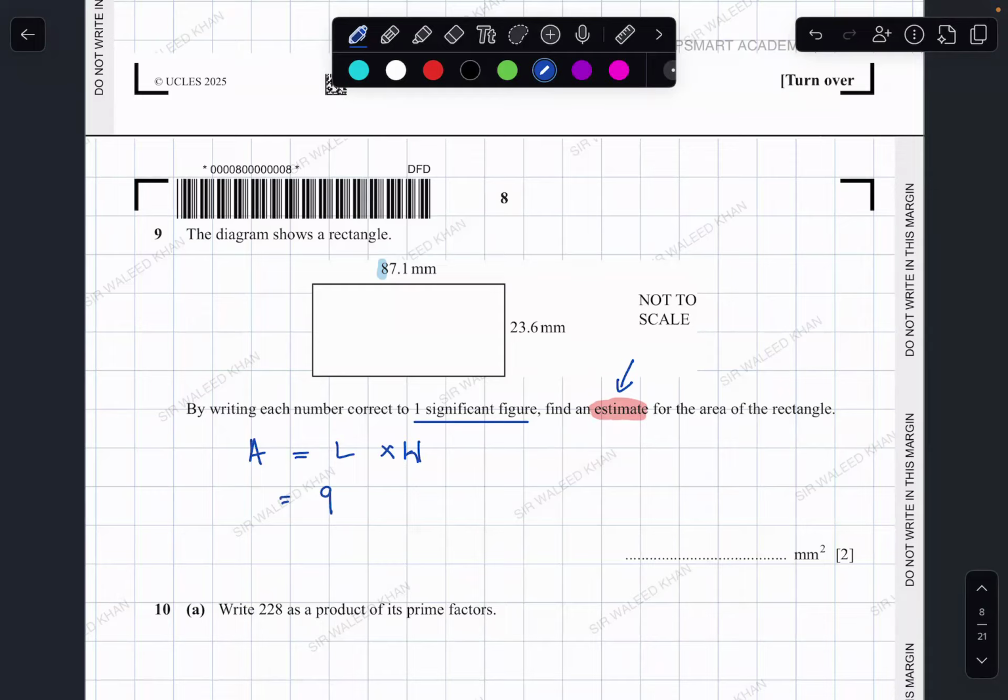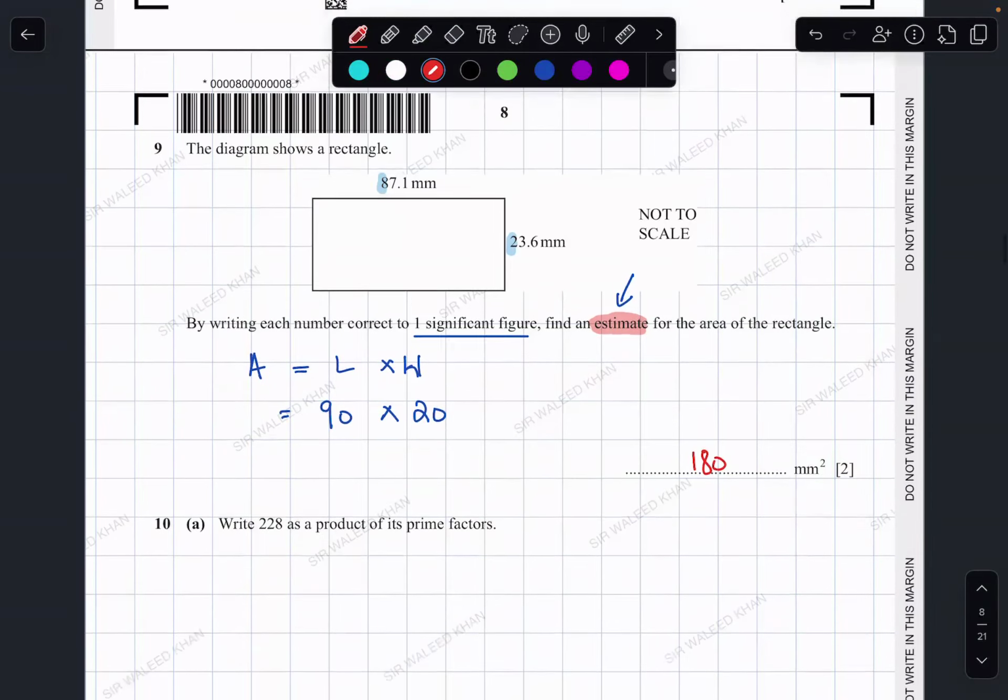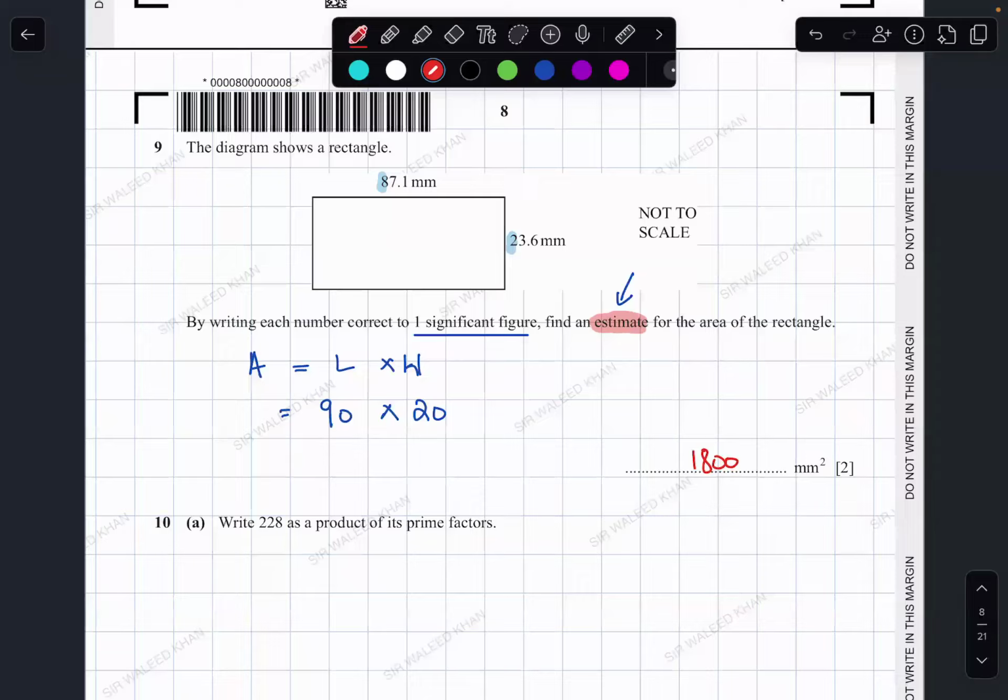This becomes 90. If the neighboring digit is 5 or greater than 5, it will round up. And for the width, we have this as the first significant figure. This should be 20. So we have 90 and 20, 180. Sorry, there are 2 zeros. So just multiply the numbers and add the zeros.